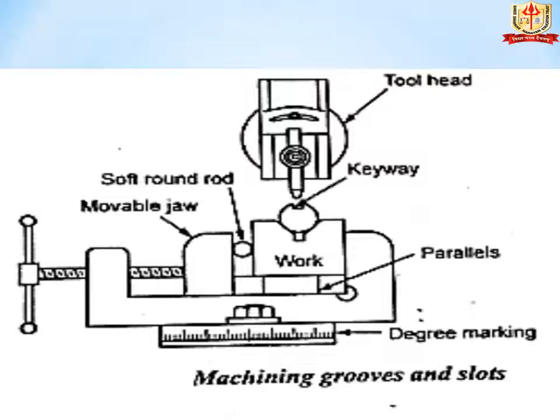Next operation performed on a shaper machine is machining grooves and slots. For cutting keyways or slots, a square nose tool can be used. Initially, a hole is drilled at the inside end of the cut keyway or slot to allow the tool to run freely into it at the end of the stroke.